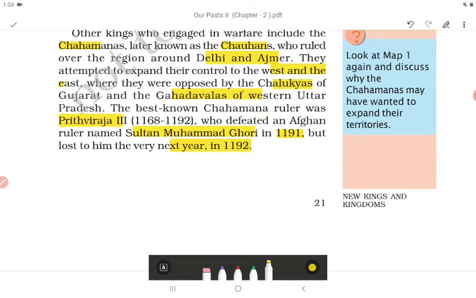Look at Map 1 again and discuss why the Chahamanas may have wanted to expand their territories.